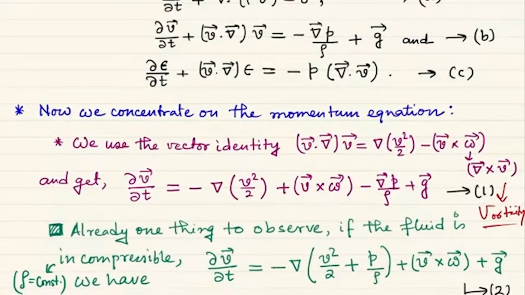So in the momentum evolution equation, if the gradient part always becomes a gradient of a pressure type of thing, then this term now has two pressure type of things. One is the true pressure. Another is v squared by 2, which is also a pressure type of thing. It is not a true pressure, but a dynamic pressure or something.